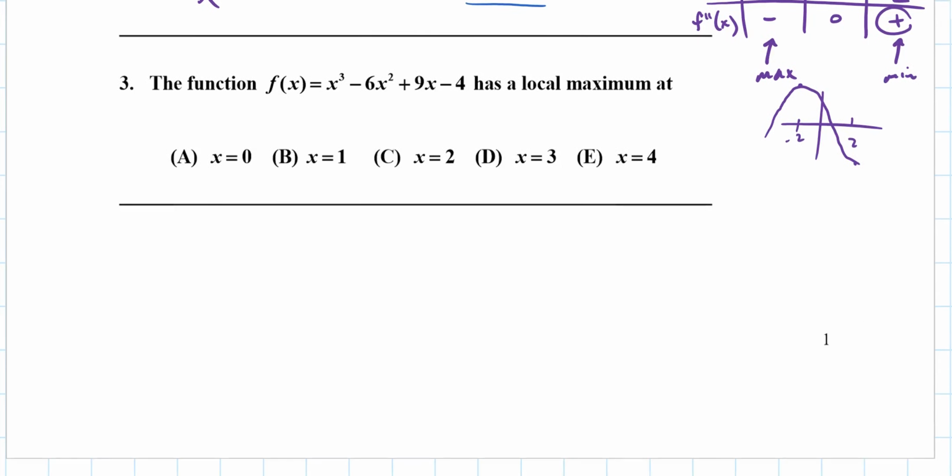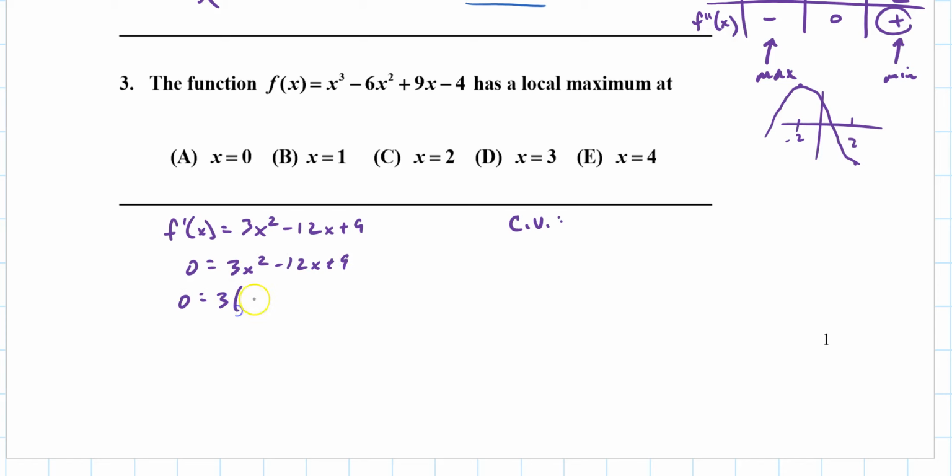Number 3. Given that function, it has a local maximum at, well, again, I need to find the critical values. So I'm going to start by taking the first derivative, which is 3x squared minus 12x plus 9. Set that equal to 0. And then we're going to go ahead and solve this.